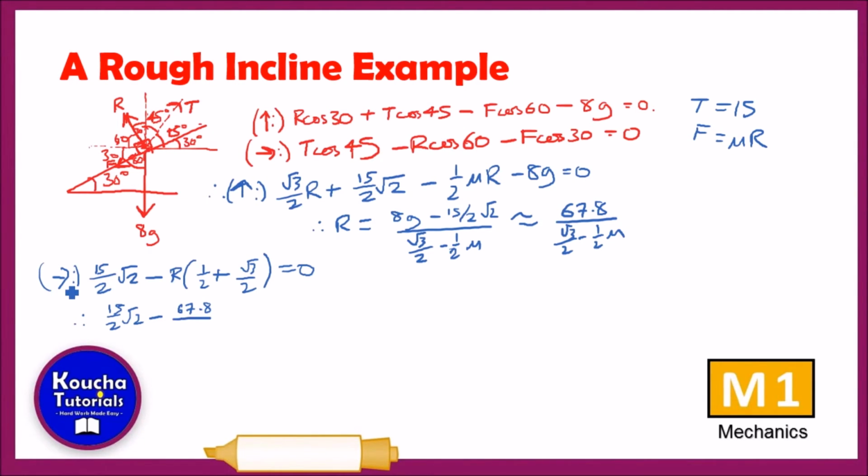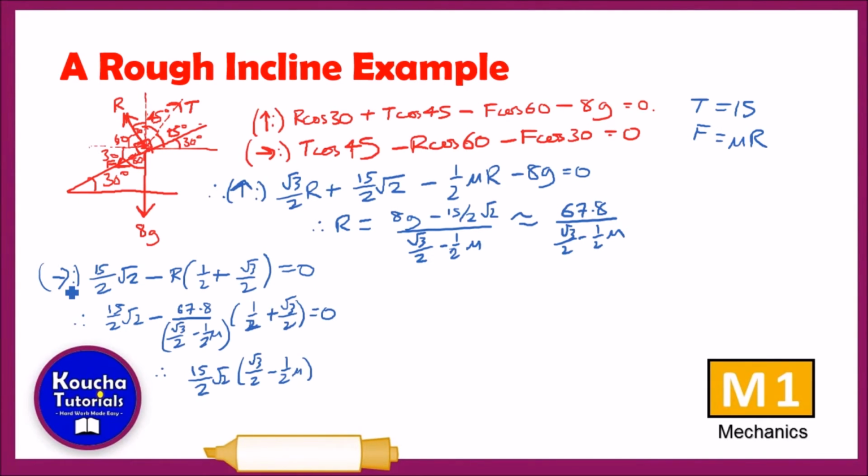67.8 over root 3 over 2 minus half mu, bracket, all of this times bracket half plus root 3 over 2 equals 0. Multiplying everything by root 3 over 2 minus half mu on every component, we should get 15 over 2 root 2 times root 3 over 2 minus half mu.